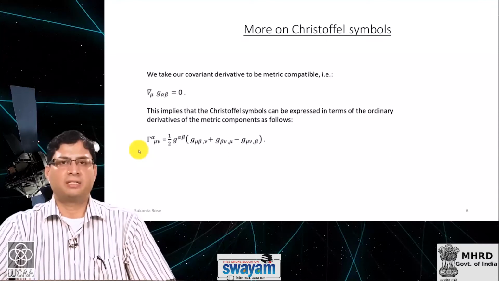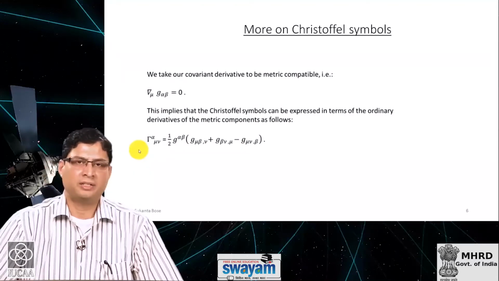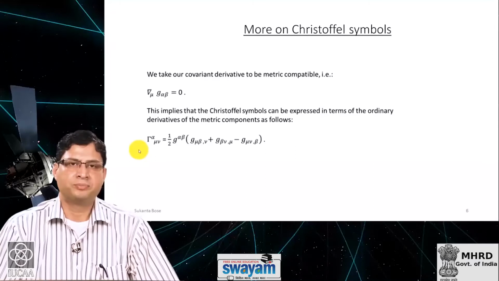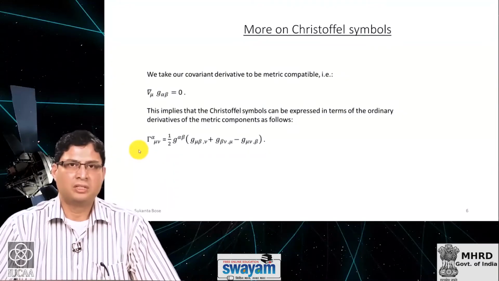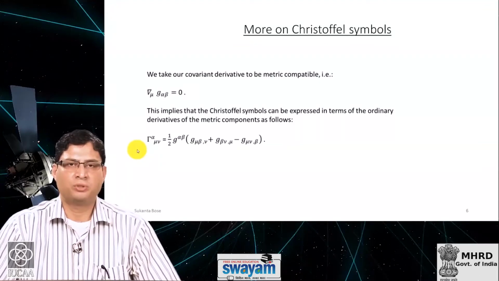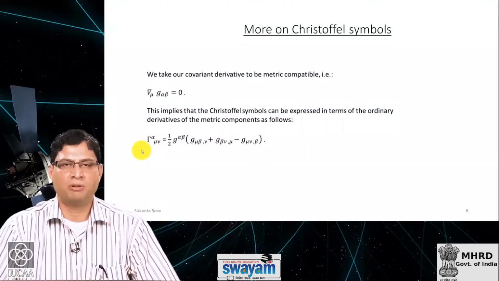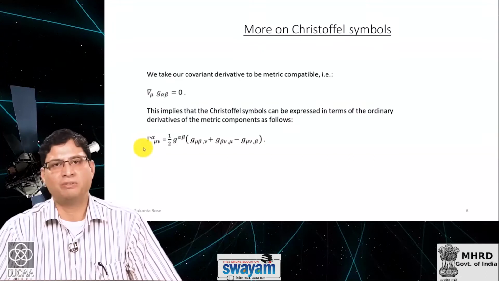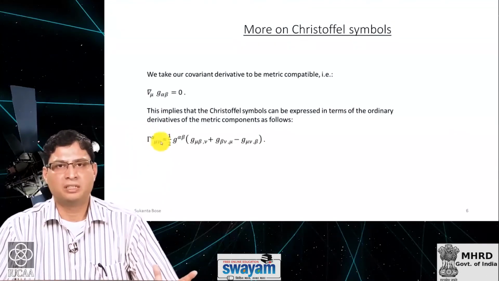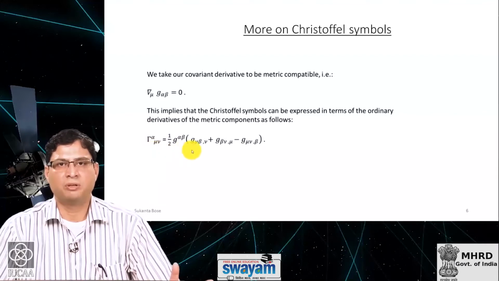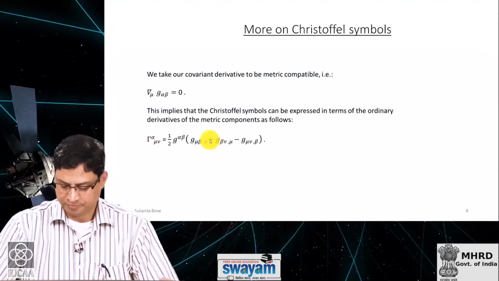And which means that if you want to claim that gravity is nothing but the manifestation of space-time curvature, then the definition of curvature has to involve another derivative of the Christoffel symbol. So 2 derivatives of the metric components.